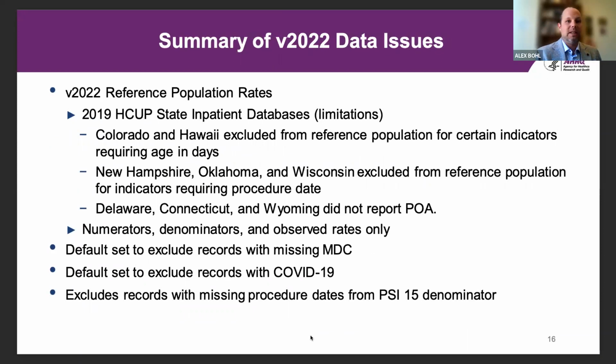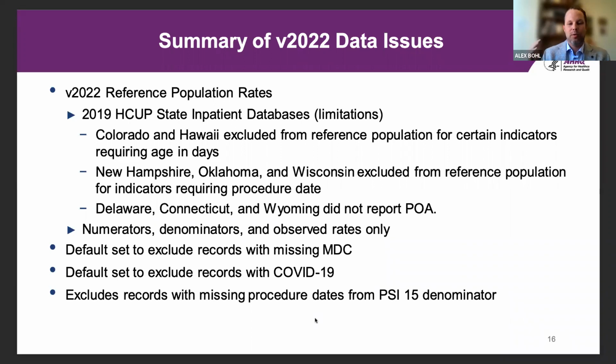As I mentioned, we also update the data. We use the 2019 HCUP data, but for certain states, we don't calculate the reference population rate or conduct risk adjustments on their data. For example, Delaware, Connecticut, and Wyoming did not have sufficient POA data, so we excluded those states when measuring population rates for those measures that required POA data, such as the patient safety indicators.